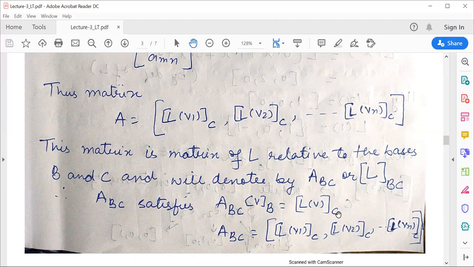Moreover, it satisfies that A of BC multiplied with the coordinate vector of V with respect to ordered basis B is equal to the coordinate vector of L of V with respect to the ordered basis C. Each and every column of ABC is what? The first column is the coordinate vector of L of V1 with respect to ordered basis C. The second column is the coordinate vector of L of V2 with respect to basis C. And the last column is the coordinate vector of L of Vn with respect to basis C.